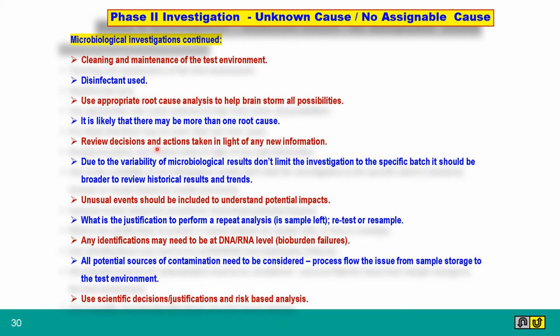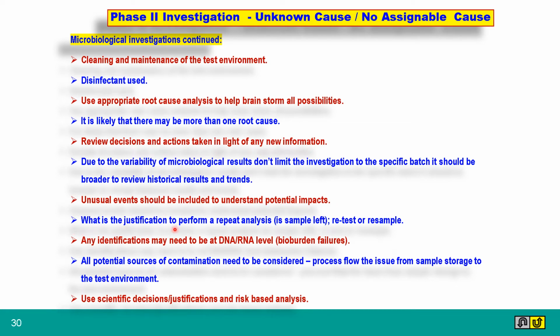Review decisions and actions taken in light of any new information. Due to the variability of microbiological results, don't limit the investigation to the specific batch. It should be broader to review historical results and trends. Unusual events should be included to understand potential impacts.